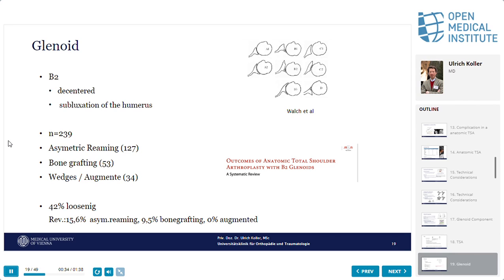In all of those cases they had 42% loosening, and they found out that the biggest group was 15%, where they did this asymmetric reaming. Why do you think asymmetric reaming caused that?